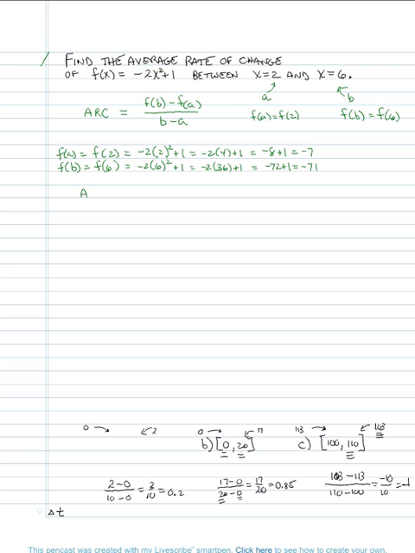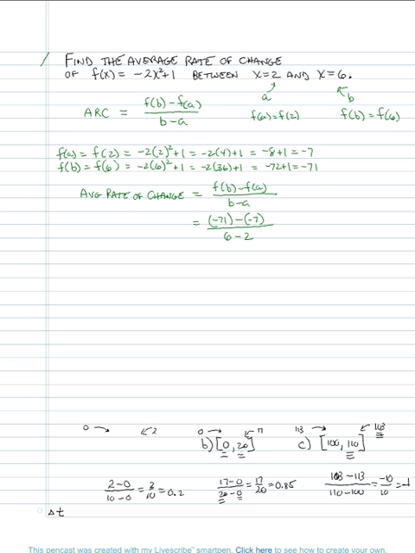Okay, so average rate of change is f of b minus f of a over b minus a. And in this case, f of b we calculated to be negative 71, subtract f of a, we calculated to be negative 7, divided by b, which is 6, minus a, which is 2.